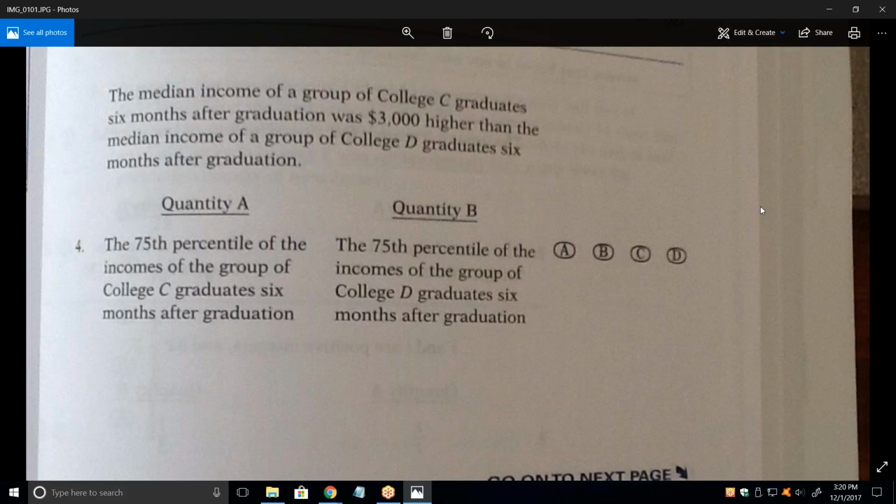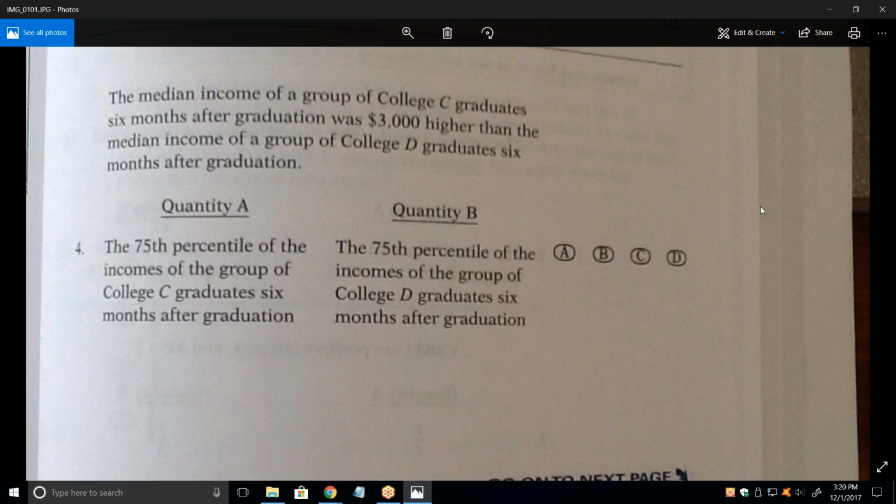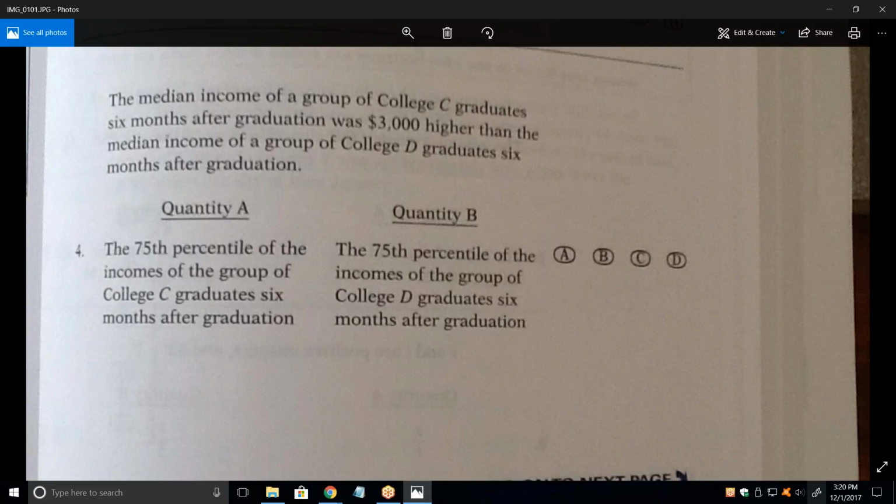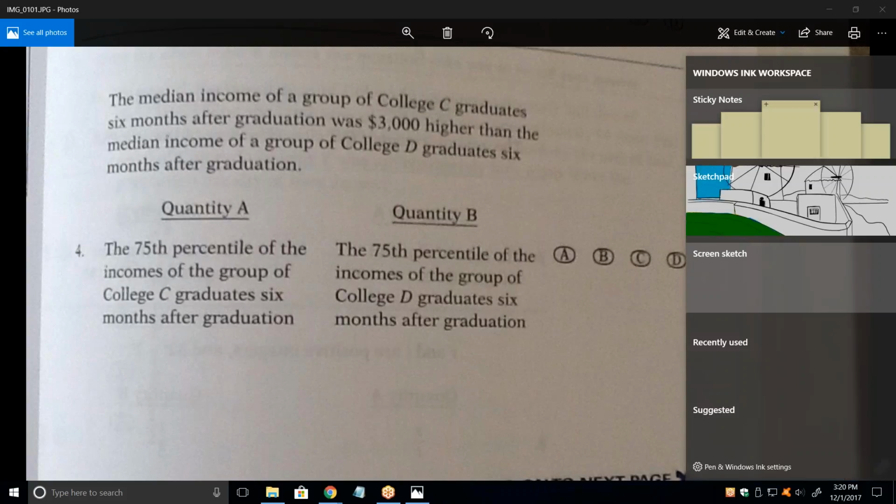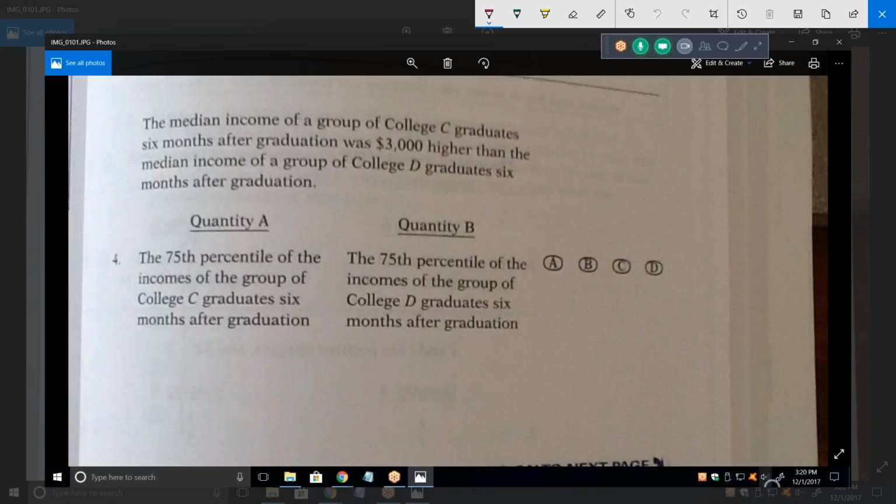Aha. Well, let me lay out 5 incomes for each group. This will be C, that group. We know that the median income, so we'll say $1,000, $3,000, $6,000, $12,000, $13,000. Agreed, the median income is $6,000.